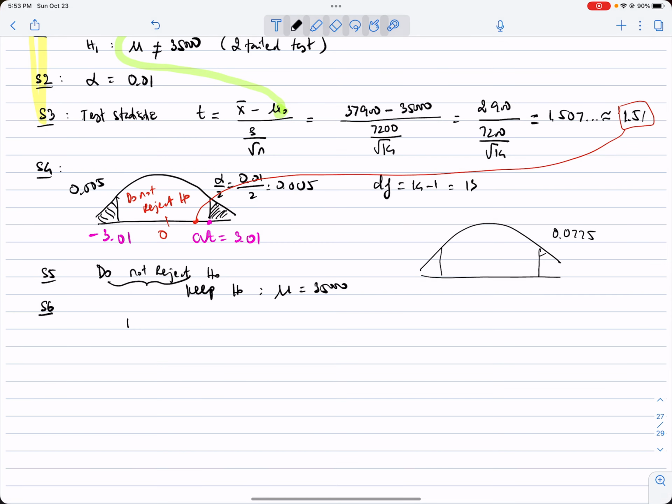Okay, so since we are doing two tails, we will multiply the p by 2. So the p is 0.0775 times 2, which is 0.155. And this number is greater than 0.05. So when the p number is greater than 0.05, we do not reject.